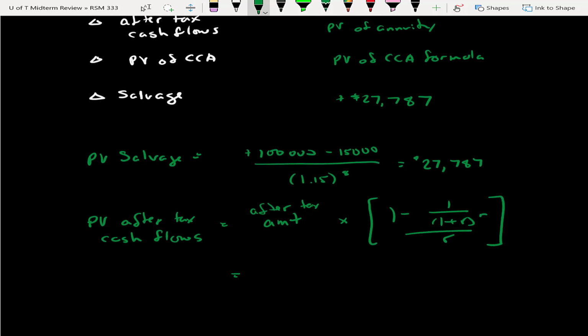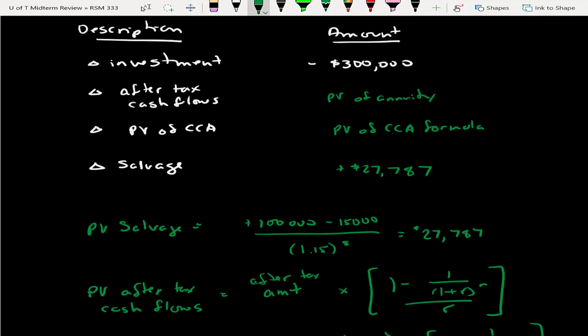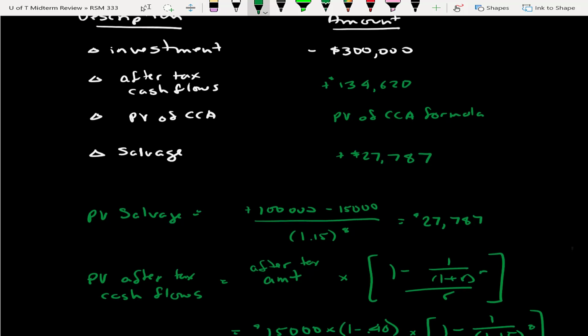The after-tax amount is going to be 50,000 times 1 minus the tax rate of 0.40. This gives us the after-tax savings, and r is 0.15 for 8 years, divided by 0.15. So we get after-tax savings of 134,620. So let's put that in here, positive 134,620.